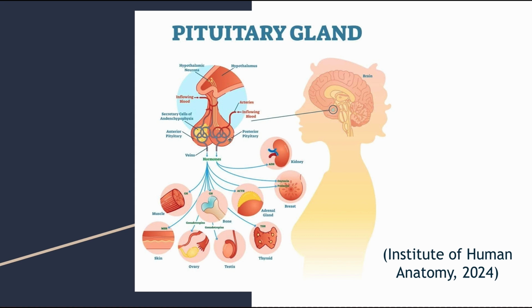On the other hand, from the posterior pituitary, the main hormone released is oxytocin, which promotes uterine contractions during labor and milk release during nursing. And this is the end of the discussion on hormones, which is very short.